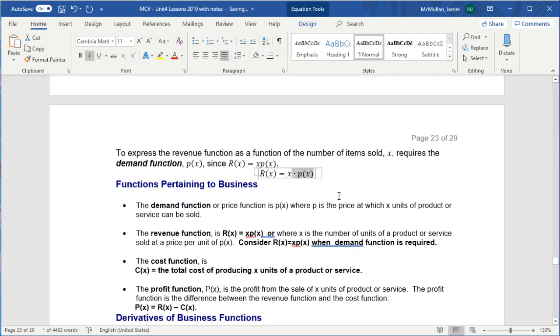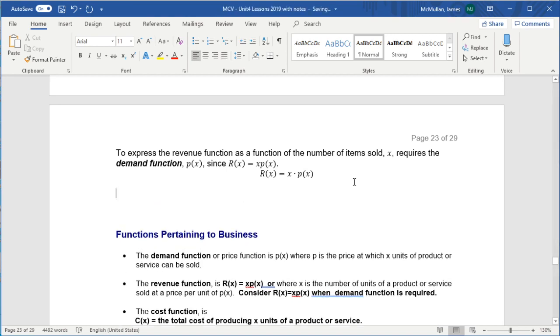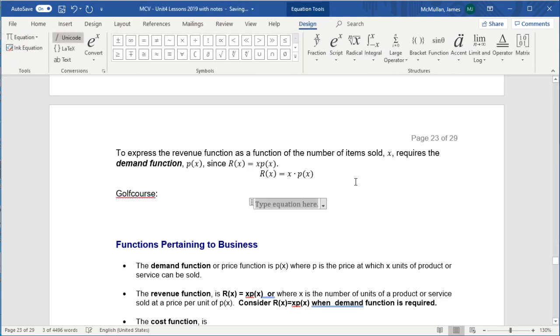Okay, let's look at how we would do this in the one we just did, just so we have a model. Okay, so let's go back to the golf course again. What are two things we know about the golf course? We know that P of 80 equals 4. The reason being, if I want to make 80 sales, I know I should charge $4.